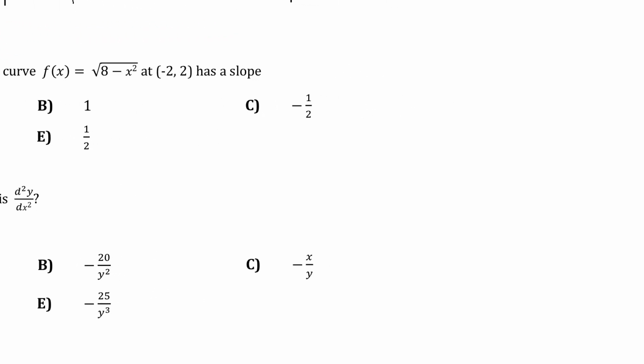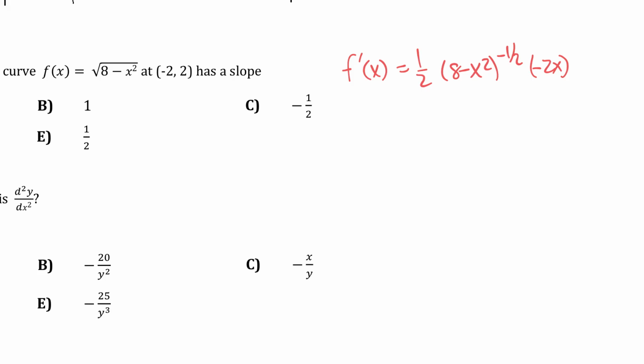So f prime of x is going to be 1/2 times 8 minus x squared to the negative 1/2, and then you have to multiply by negative 2x.